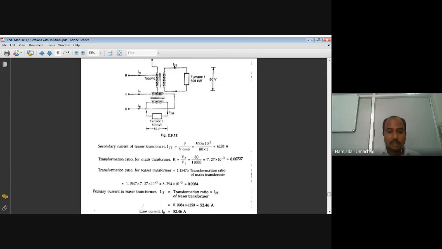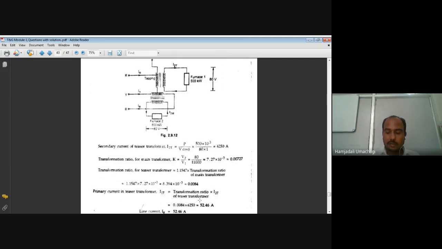Now let us calculate the primary current in the teaser transformer, I1T. I1T is also equal to the current through phase R, so IR is equal to I1T. Because we are calculating the primary current of the teaser transformer, we take the transformation ratio of the teaser transformer multiplied by its secondary current.